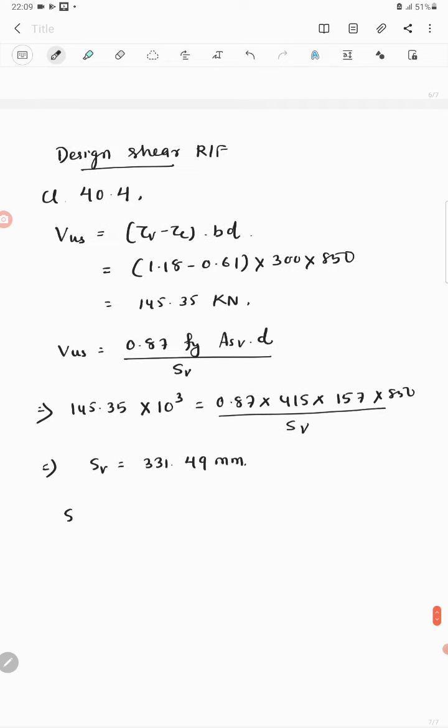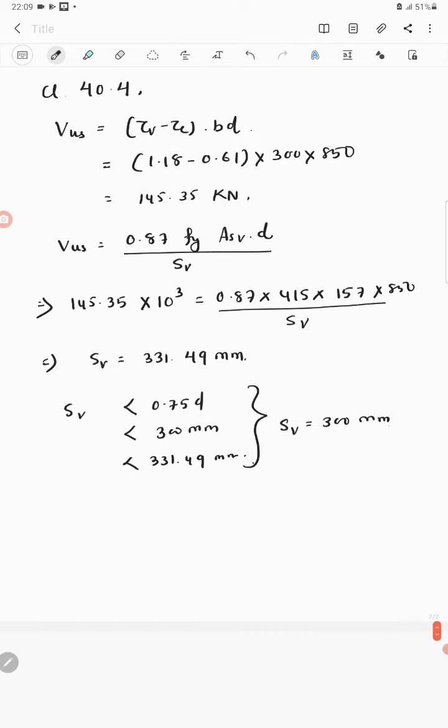Now as per the code, this value should be less than 0.75 d, less than 300 mm, and less than 331.49 mm. So out of these, what will be the Sv? This is 300 mm. So here also the spacing is coming 300.